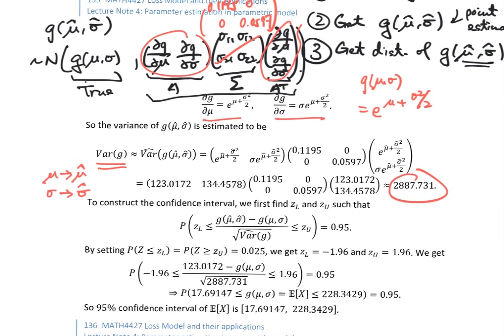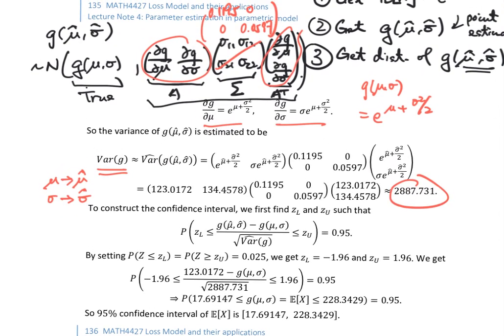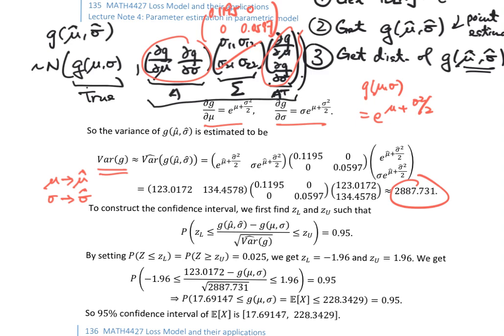Now once you have this, you can start to construct your confidence interval. Knowing that your G follows this normal distribution, your standard score, using the variance of G, will follow the standard normal.